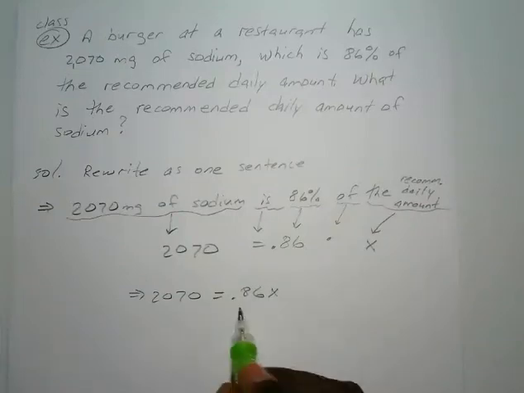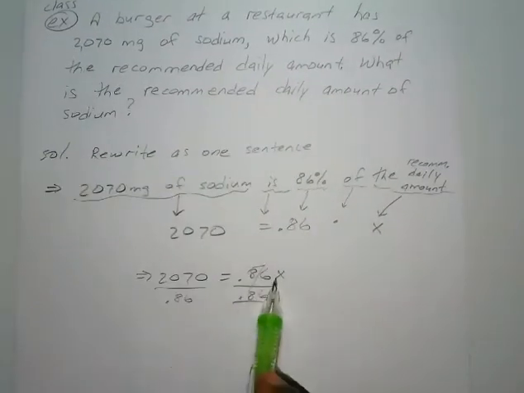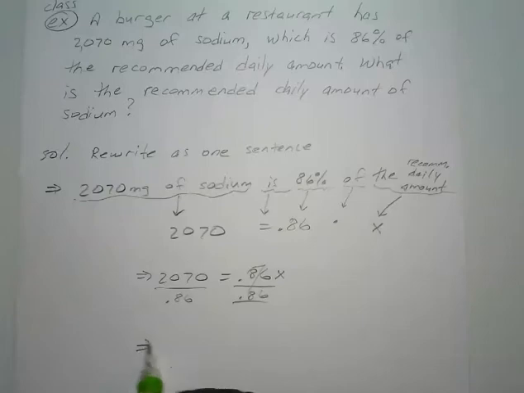Okay, so we go ahead and divide each side by 0.86. Anything divided by itself is 1. So x equals, and I'm just going to go ahead and flip it around, x equals 2,070 divided by 0.86, which is 2,406.9767.